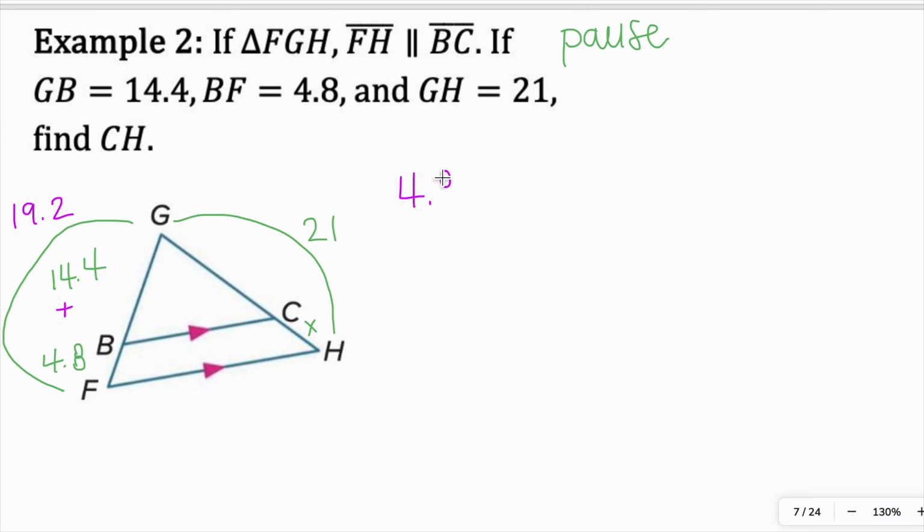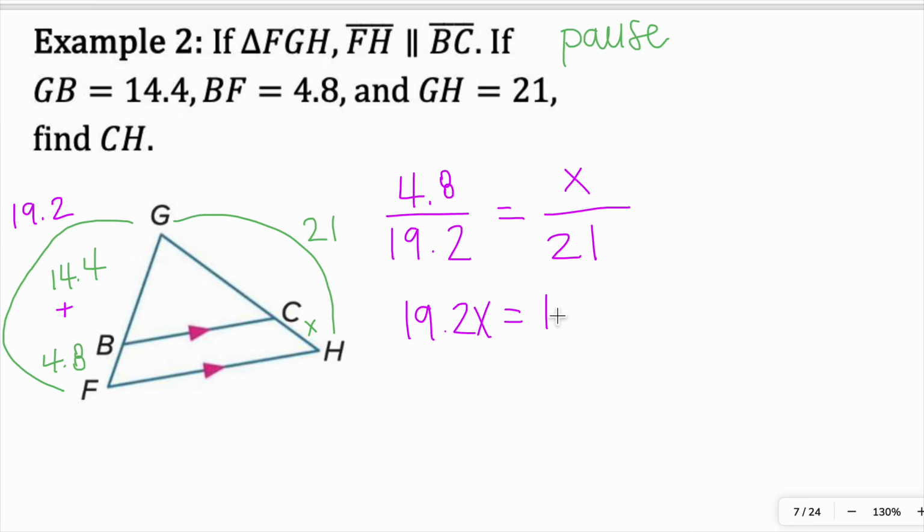So 4.8 represents a tiny portion, B to F, to 19.2, which is the entire length of GF, is the same proportionality as CH to 21. When I cross multiply, I'm going to end up getting 19.2x is equal to 100.8. And then dividing both sides by 19.2, I should get x is equal to 5.25.